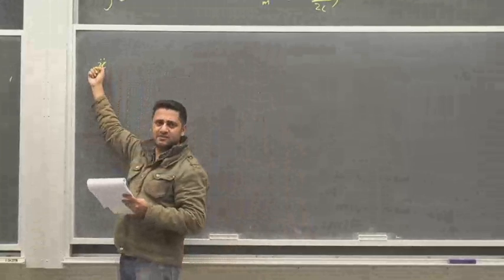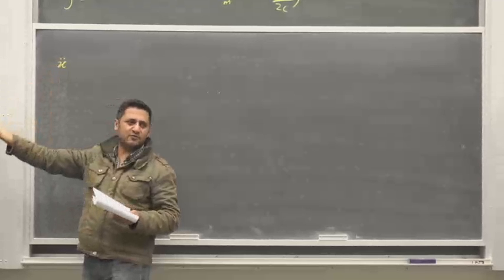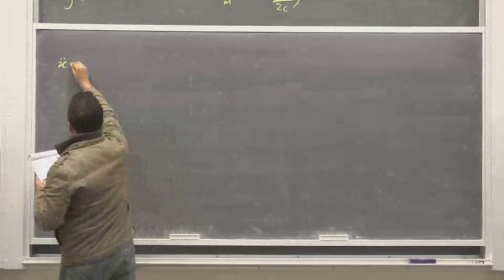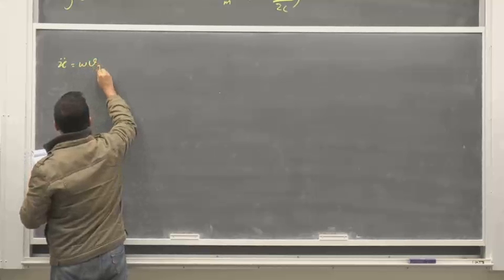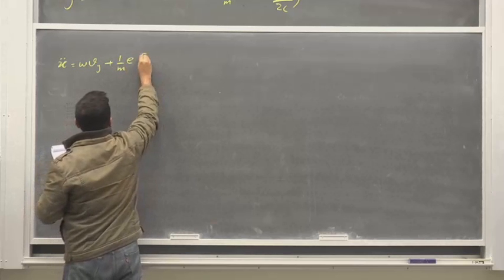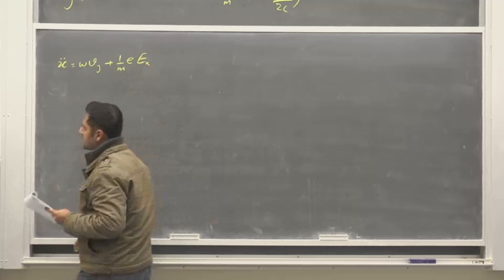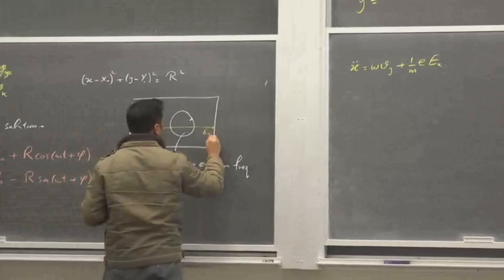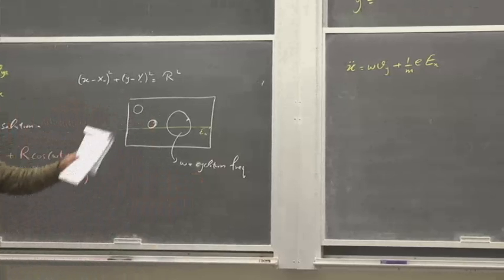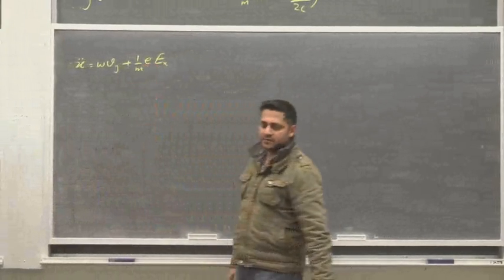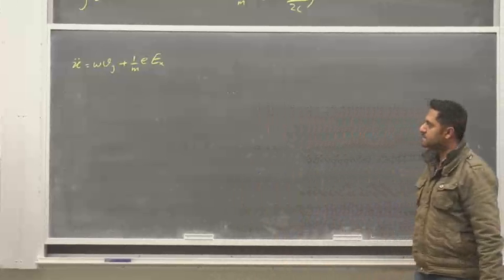From Newton's law, from the Lorentz force, I already know how it's going to change. So I applied the field in the x direction, a uniform field. There is just an extra force, the charge interacting with the electric field. That's it.